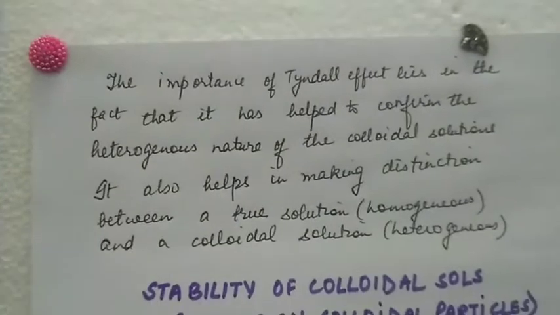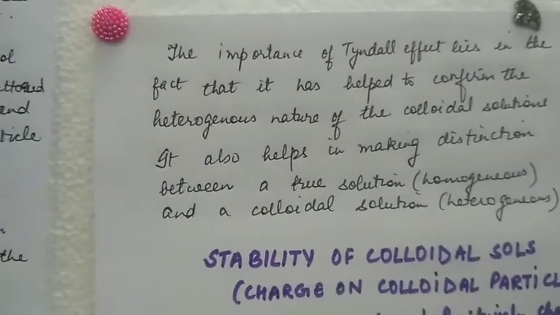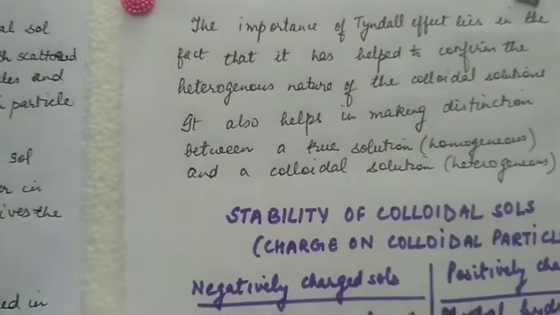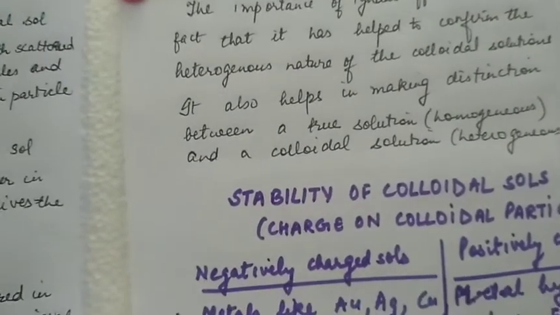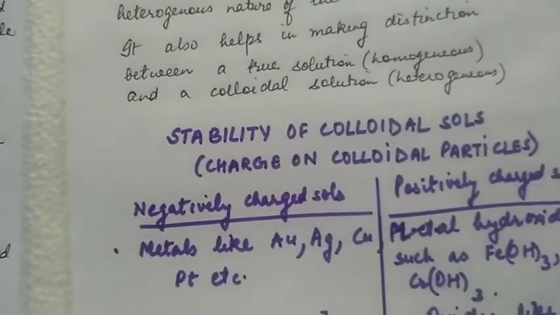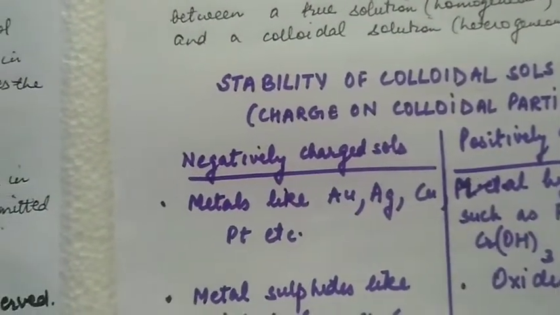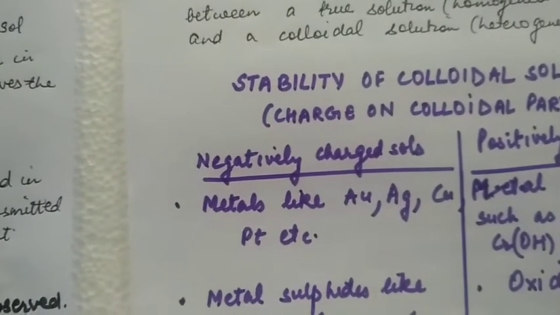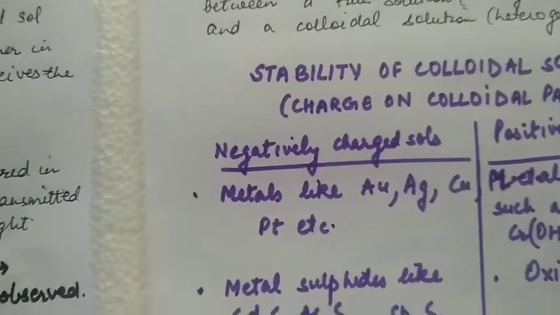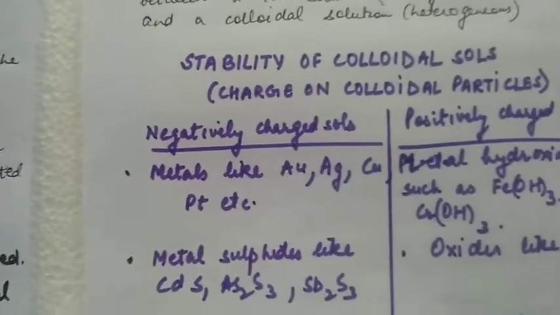The importance of Tyndall effect lies in the fact that it has helped to confirm the heterogeneous nature of colloidal solution and make a distinction between a true solution and colloidal solution. A true solution, which is homogeneous, will not show Tyndall effect; a colloidal solution will show it.